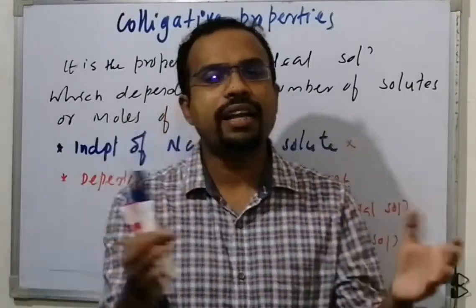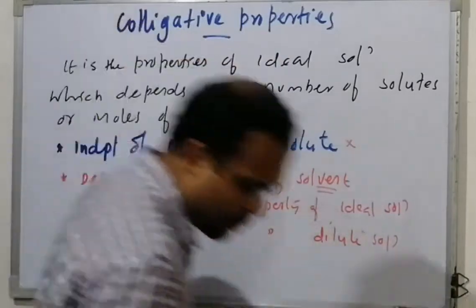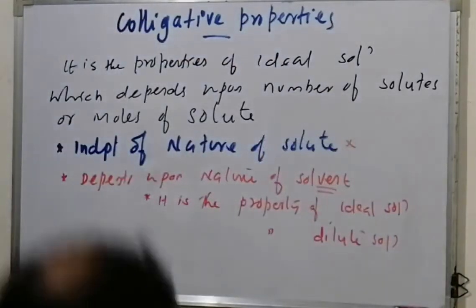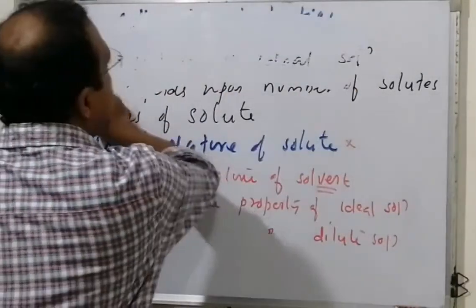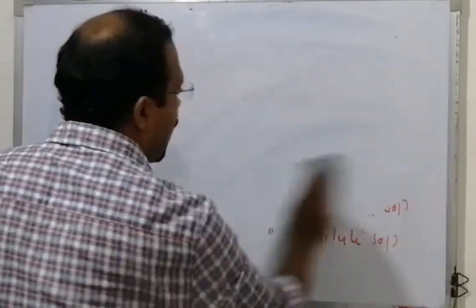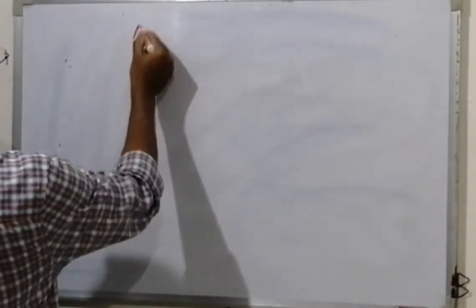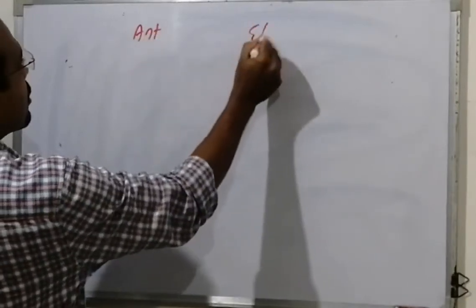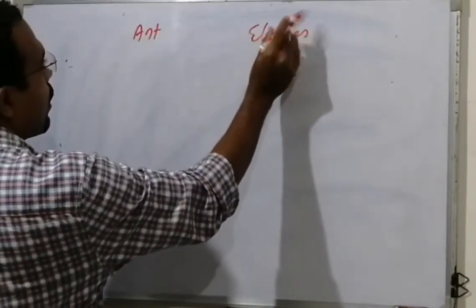Okay? Suppose, for imagination, I will tell you, ant and elephant. Ant and elephant cannot be solutes, but I will tell you one example.